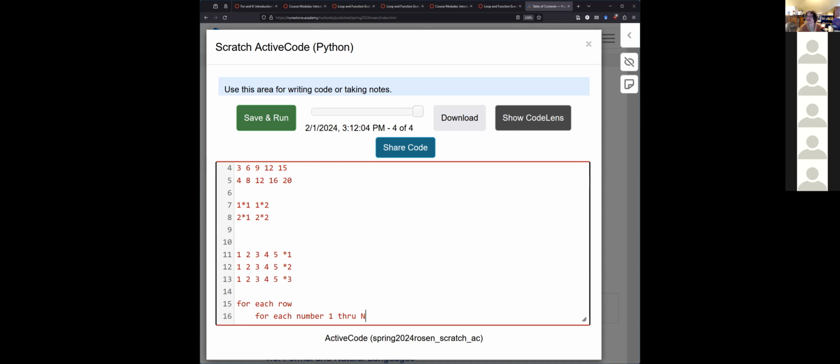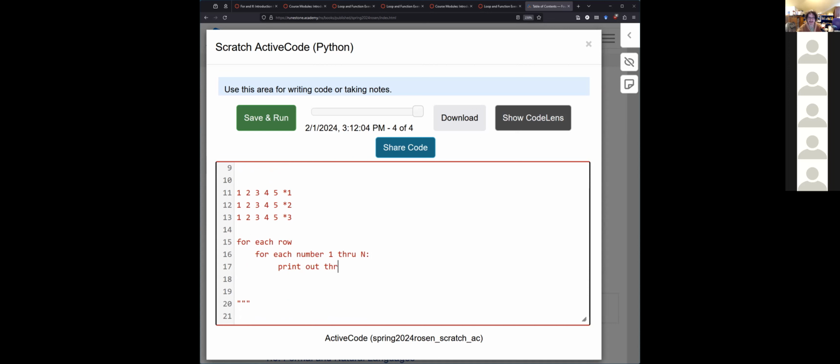I chose 5 for n. For each number 1 through n, print out the current number times the row number. Make sense there? Yep. You want to do this as a loop inside of a loop.